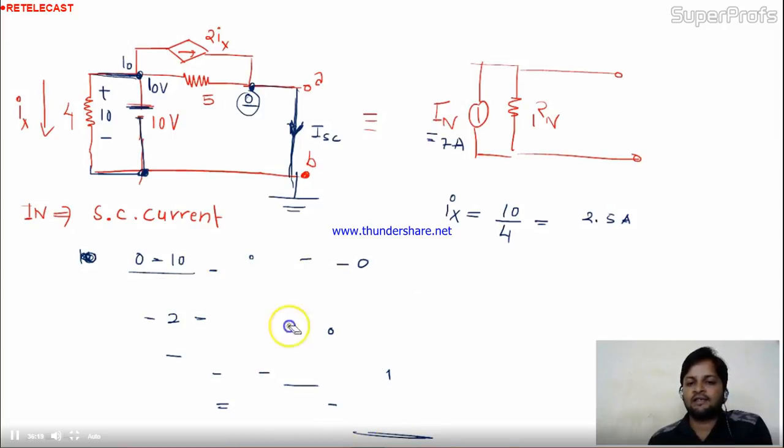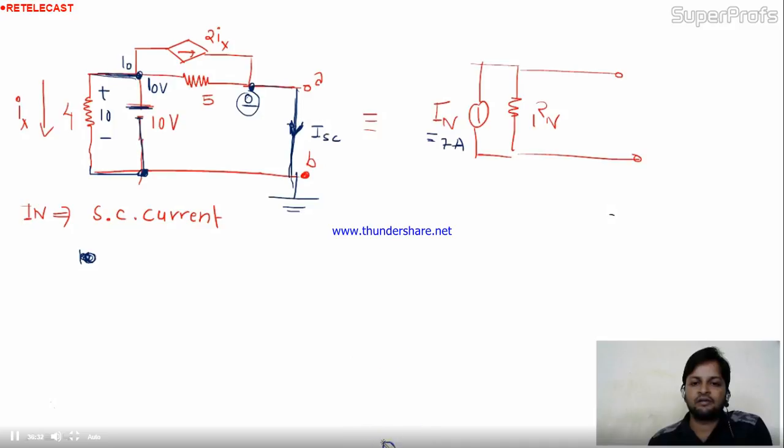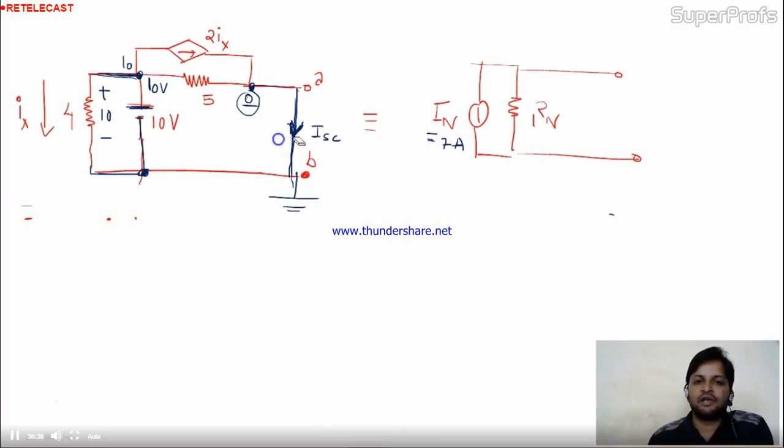And Rn is nothing but the same as RTH. And I think you remember the procedure for RTH. Is it okay? We have to open the circuit and then find out the RTH. Let's see here. I have to open this. Yes, I opened it. I will remove this thing.